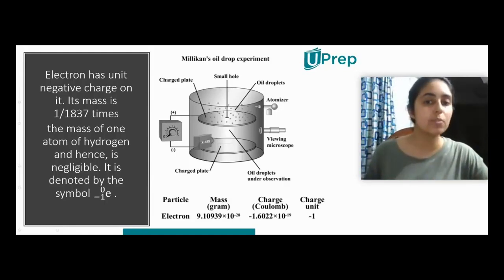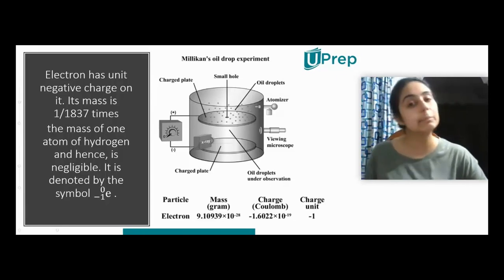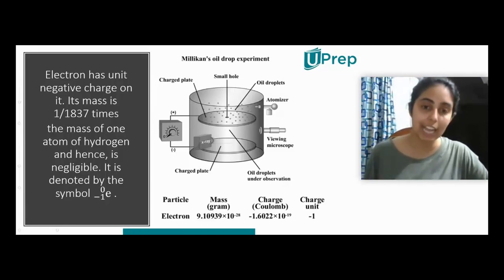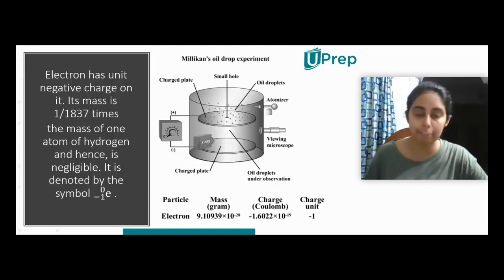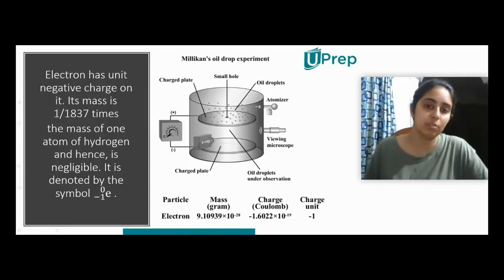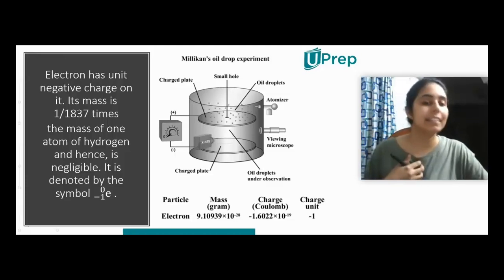Its mass is 1 by 1,837 times the mass of a hydrogen atom. Because it is so small compared to the hydrogen atom, which itself is very lightweight, and because it is so much lighter than a hydrogen atom, we'll consider it as 0.